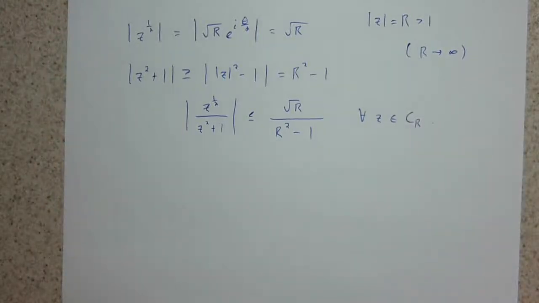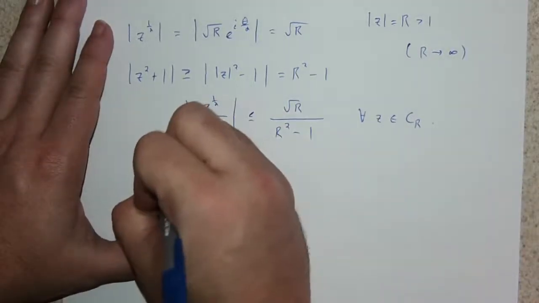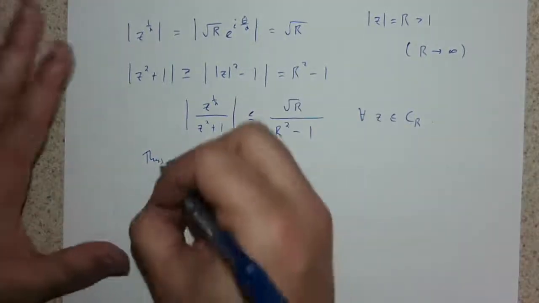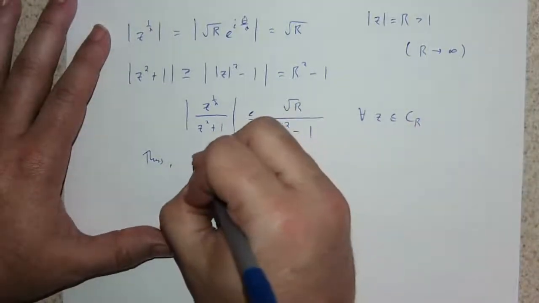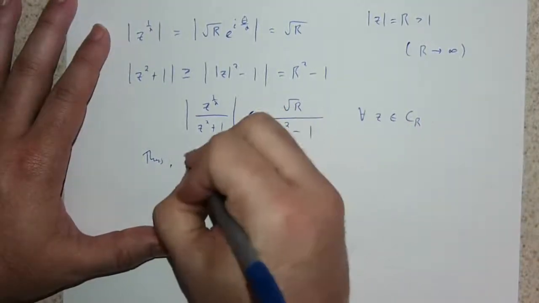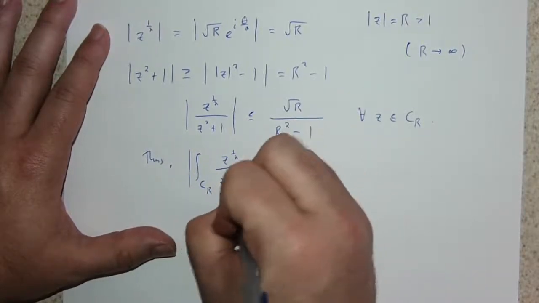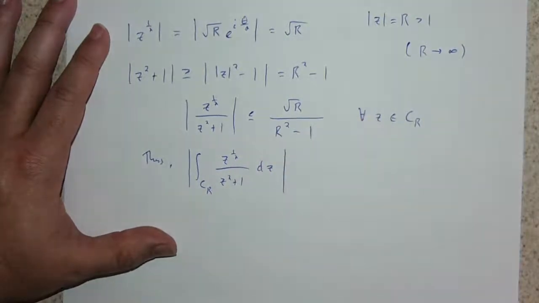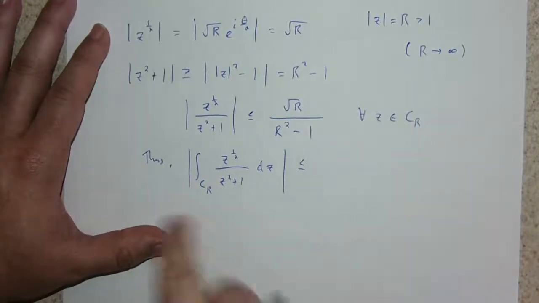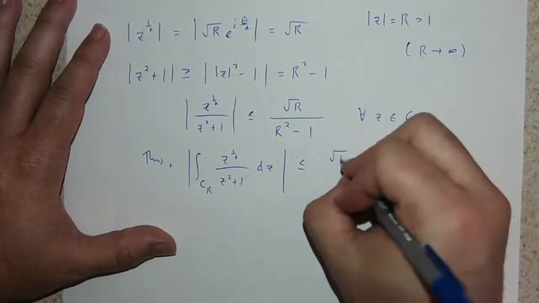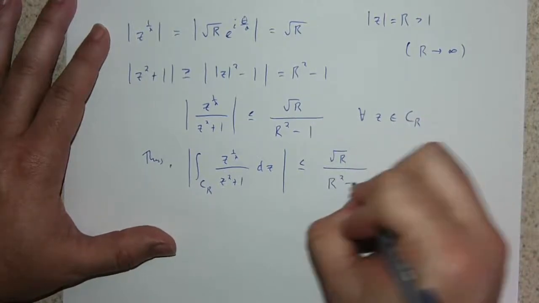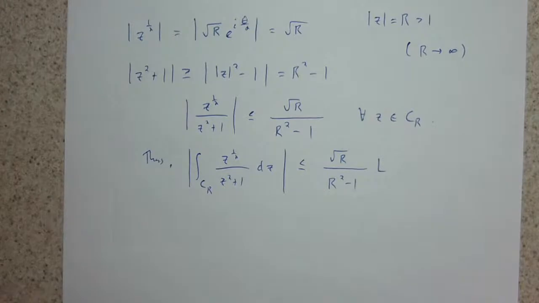Thus the modulus of this contour integral over c sub r of z to the 1/2 over z squared plus 1 dz is less than or equal to this square root of r over r squared minus 1 times L. But what is that L?